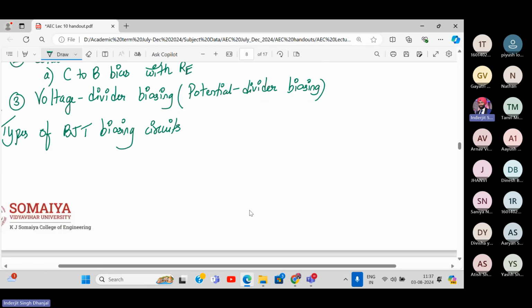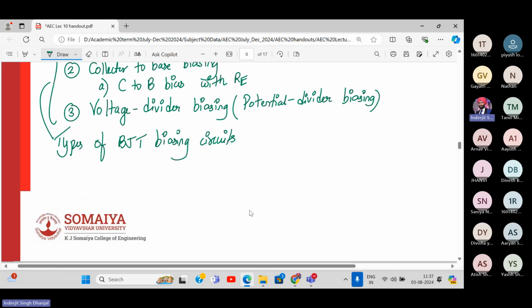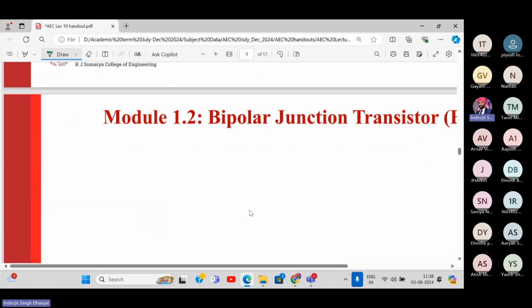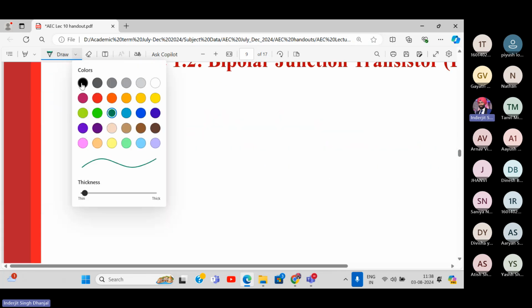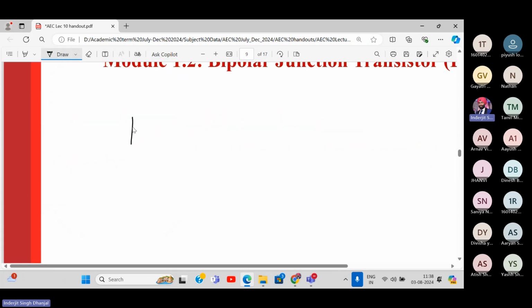So let's draw it quickly. Everyone ready? I'm drawing a few circuits over here. Please draw along with me. So here is the first one. If I connect the biasing circuit like this, this is resistor RC, this is RB, and this is my power supply, VCC.